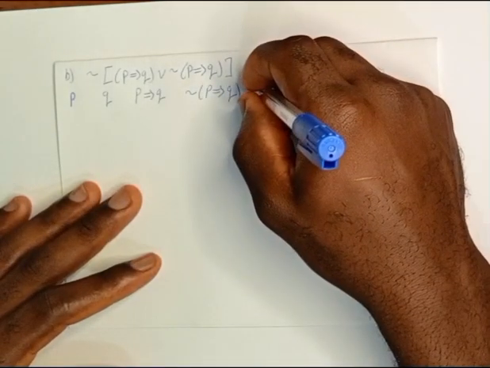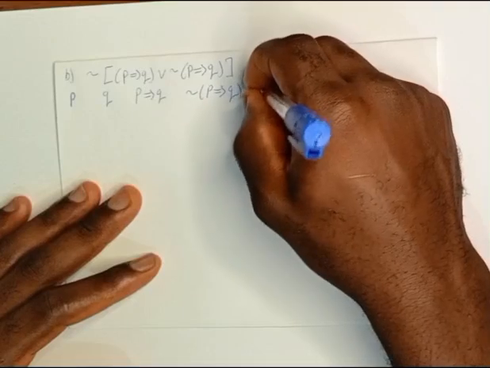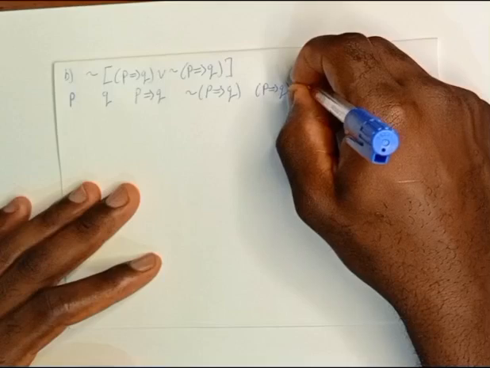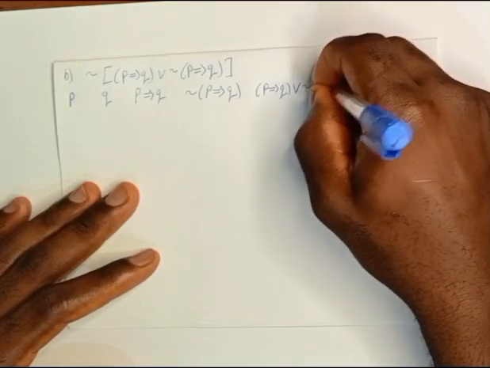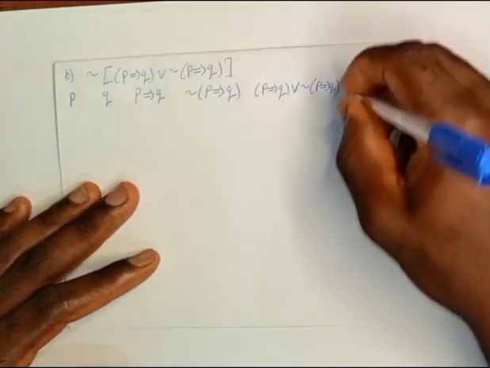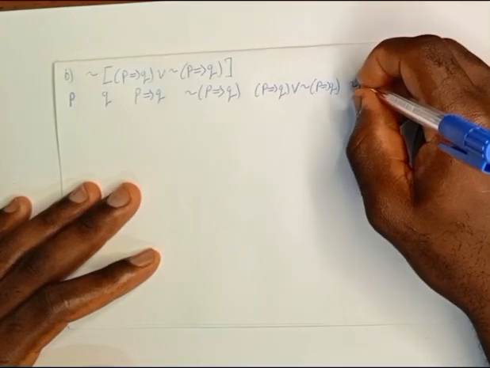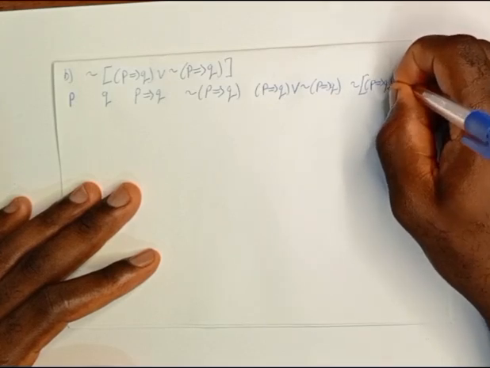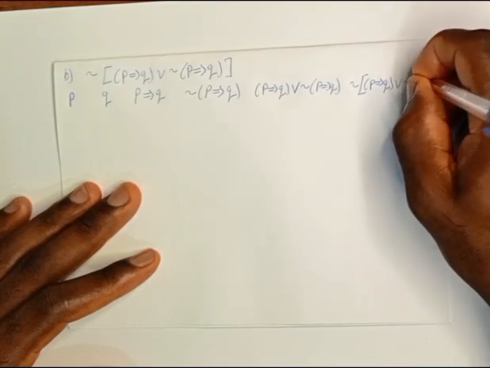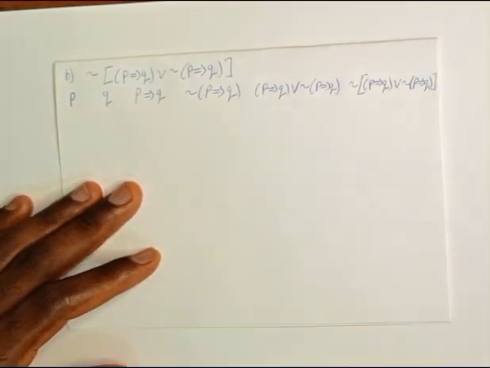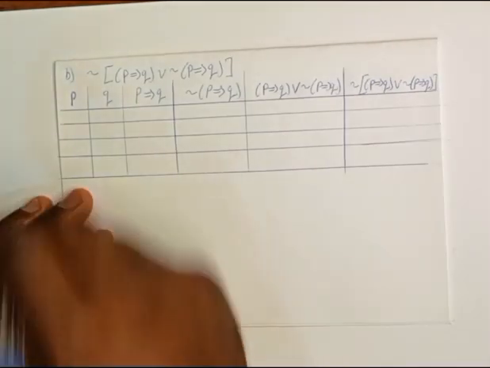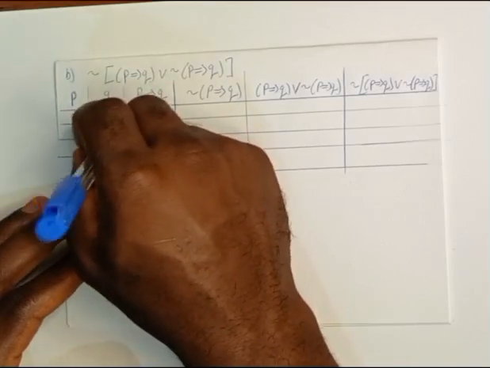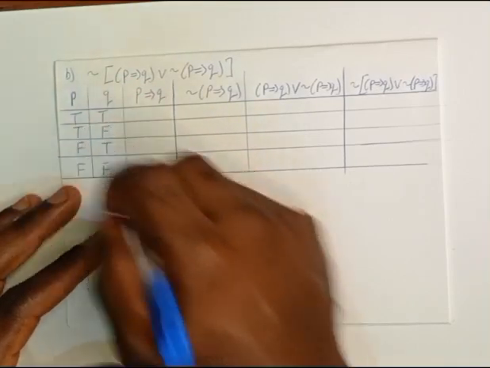Next, we have the statement P implying Q or the negation of P implying Q. And lastly, we have the negation of P implying Q or the negation of P implying Q. We are to fill the truth table: true, true, true, false, false, true, false, false.